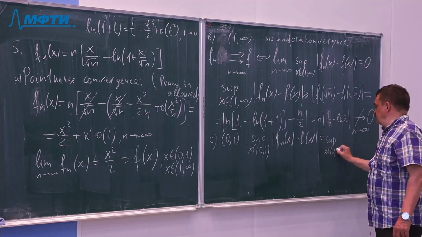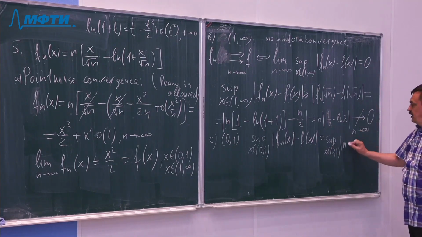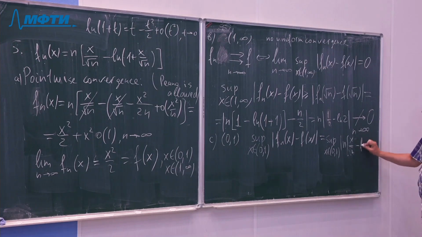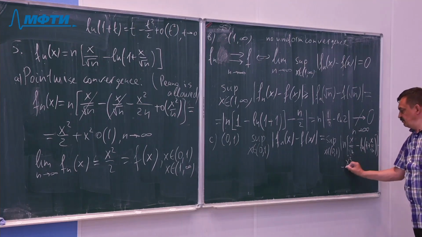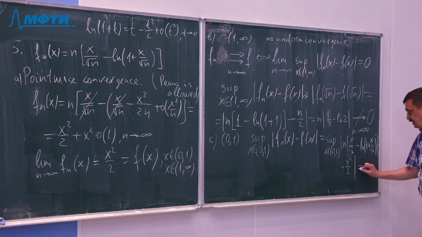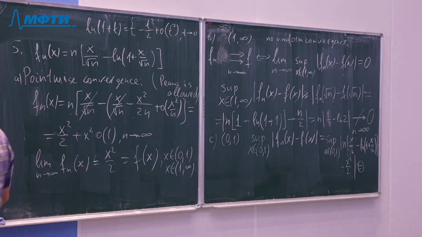Let me substitute: n times x over square root of n minus logarithm of 1 plus x over square root of n, minus x squared over 2. That is the function which we need to consider, right? Okay. Let me move. Where to move?